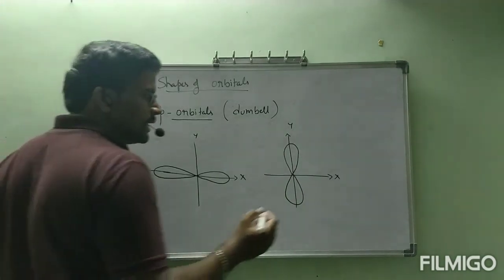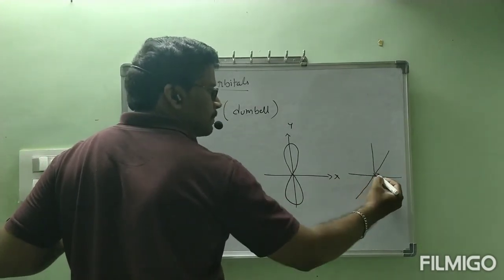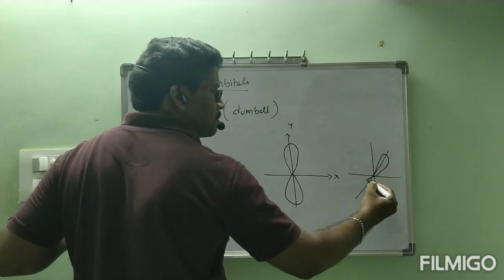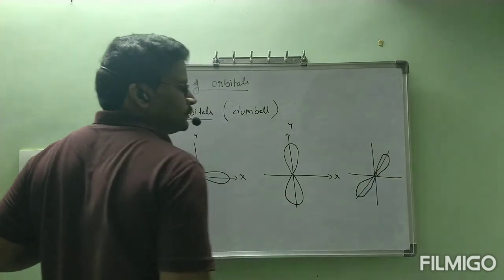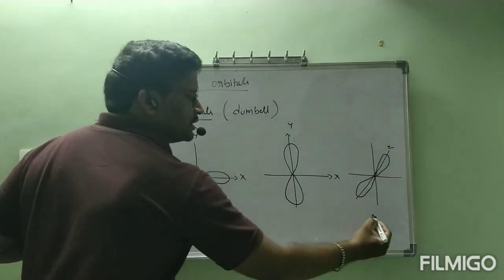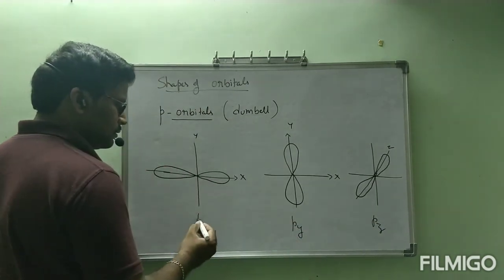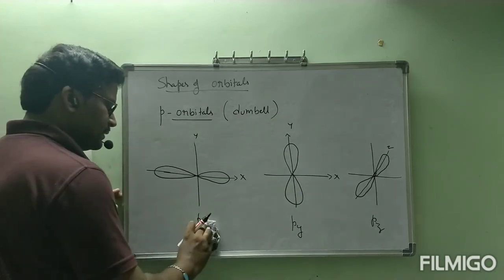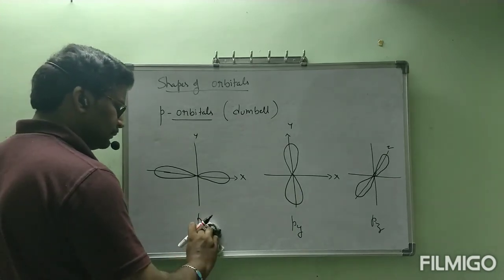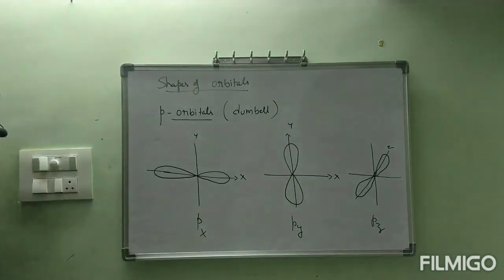And the third one, z-axis. This is Z. This is Pz. This is Py. Sorry, this is Px. These are the three shapes of p orbitals: Px, Py, Pz.